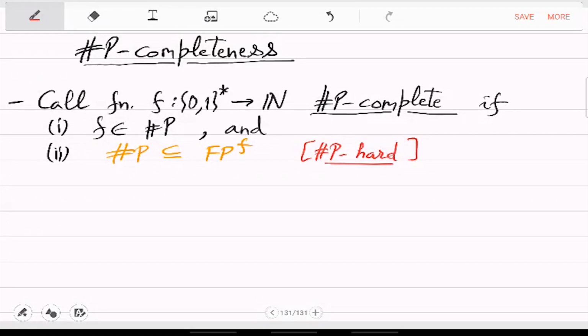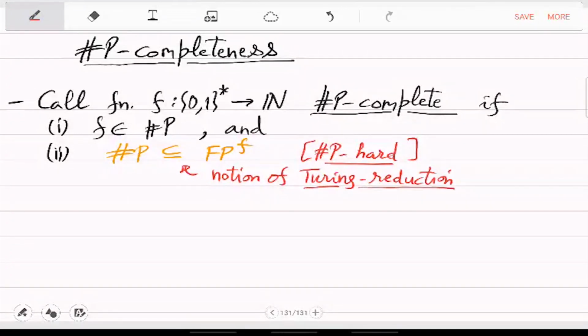So this is also the notion of Turing reduction, in contrast to the Karp reduction we saw. So here actually subroutine calls are being made. So whatever you can solve by calling f as a subroutine, so there will be many calls, possibly polynomially many calls.